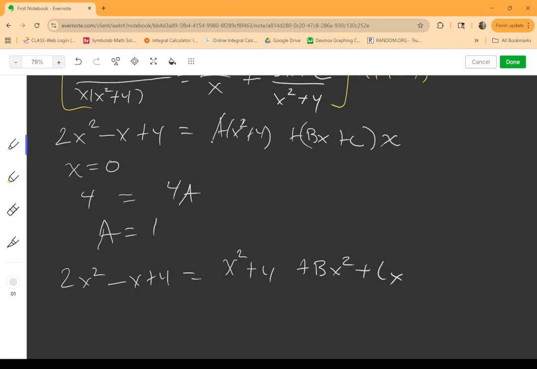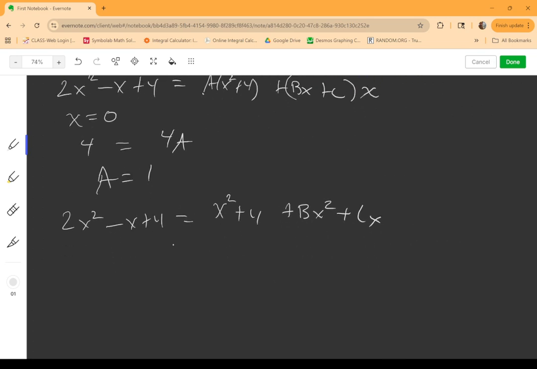All right, and then one thing I notice here is that our 4's will cancel out. Okay, so let's just group. Let's not cancel out anything. Let's just group our like terms here. So the x squared is going to factor out an x squared, so we get 1 plus b, x squared plus cx plus 4.